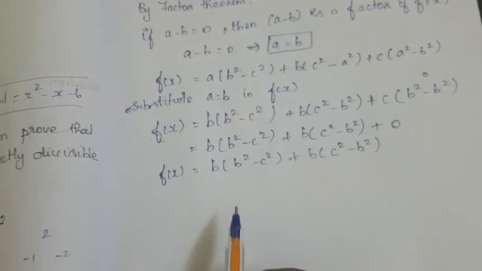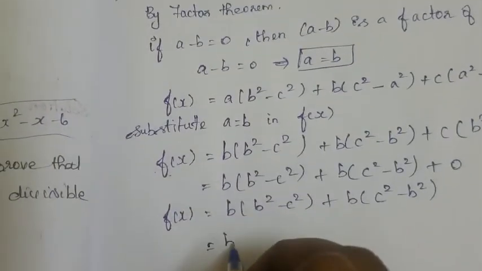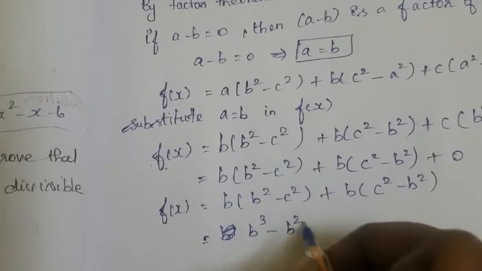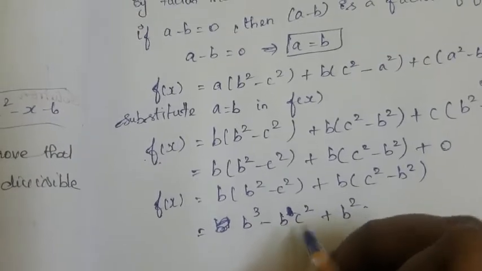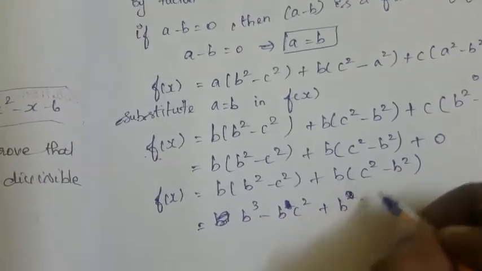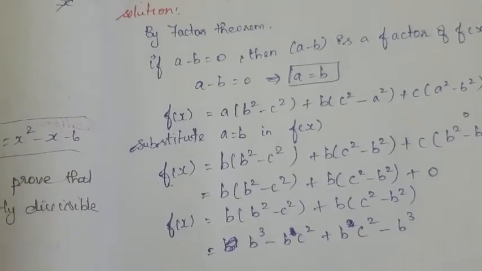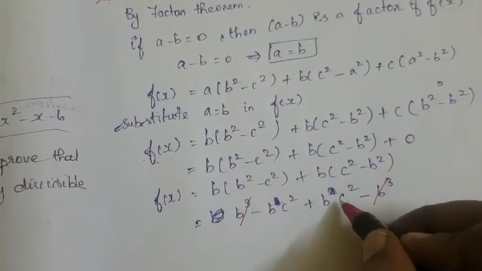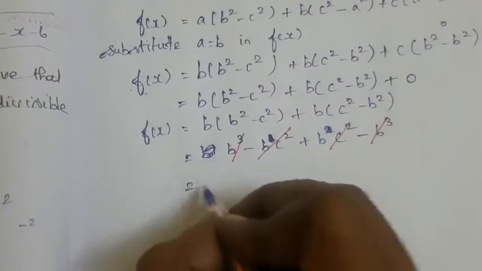This can be written as b cube minus b c squared, and here also b c squared minus b cube. So plus b cube and minus b cube will be cancelled, and plus b c squared and minus b c squared will be cancelled. So what we will get? We will get the value 0.